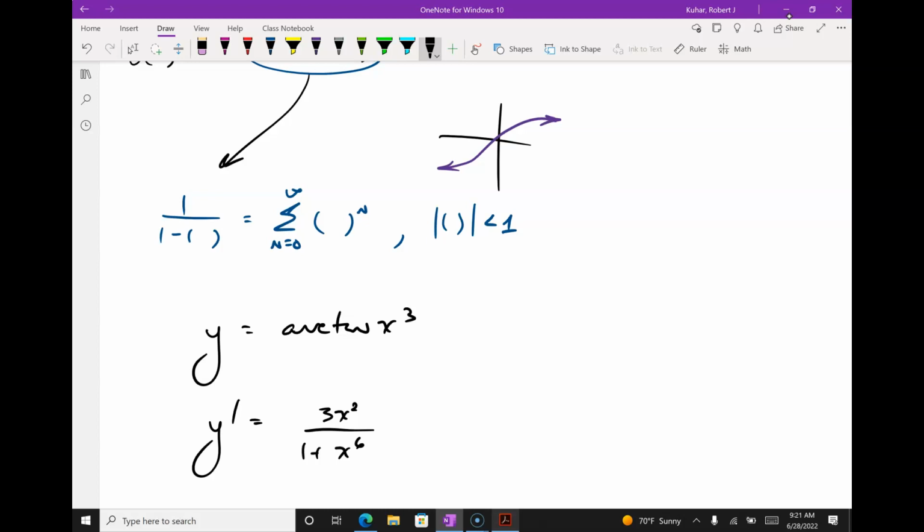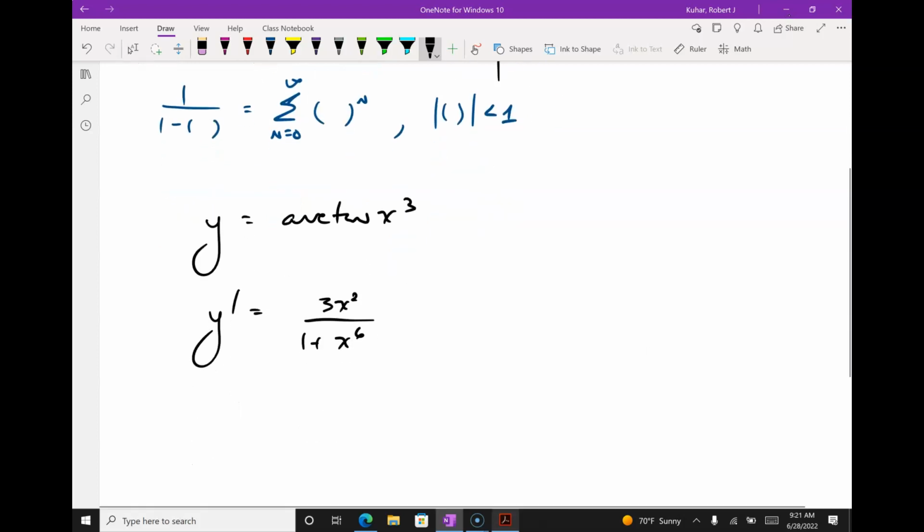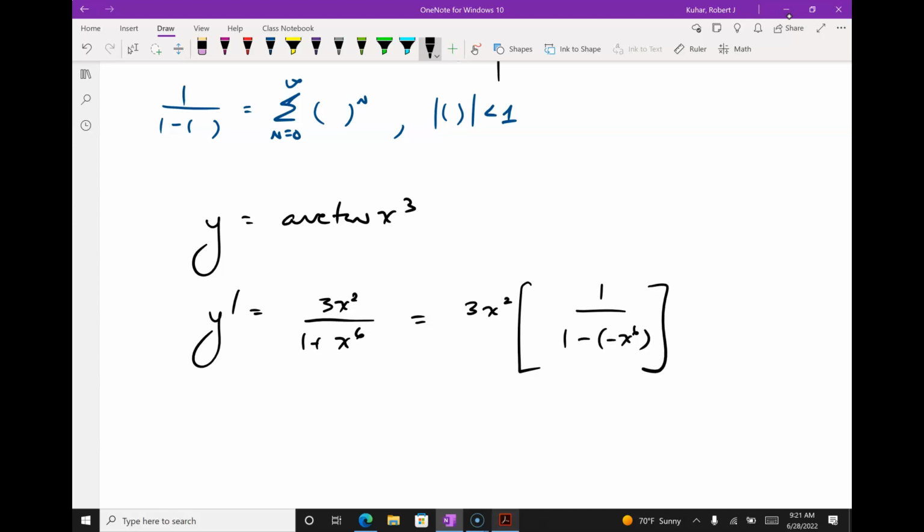Right, you with me there? So that is starting to look a lot like what I want. That's a 3x squared times 1 over 1 minus a negative x to the 6th. Remember, that's what I'm looking for.